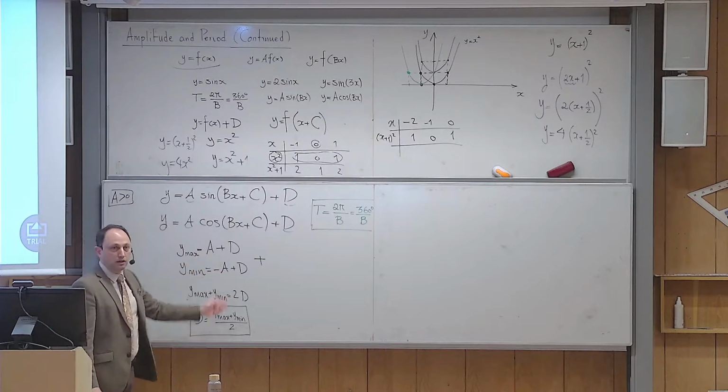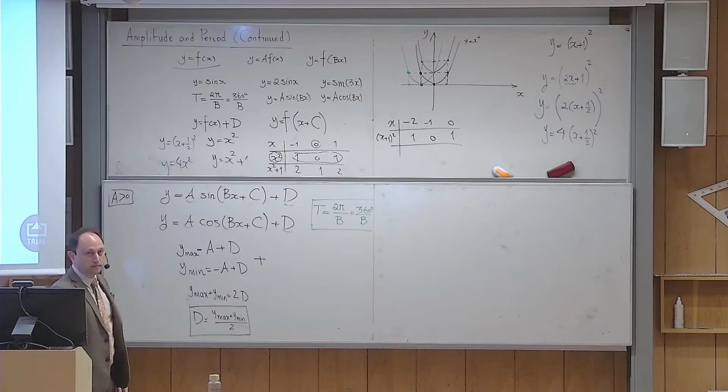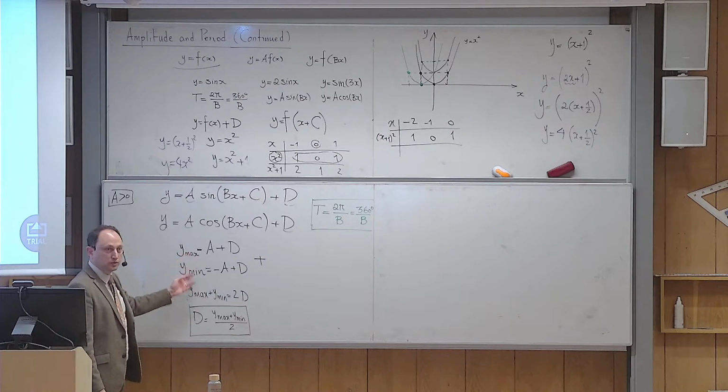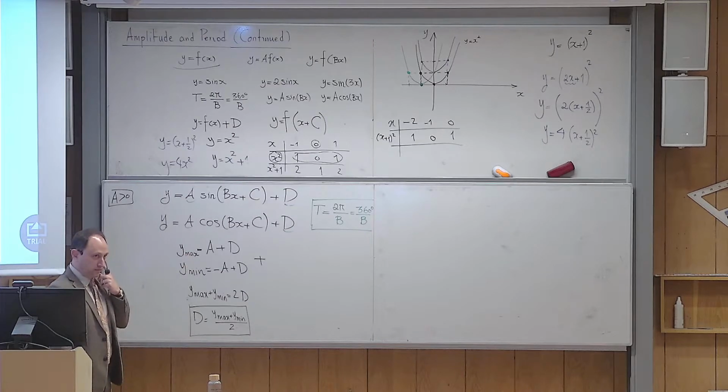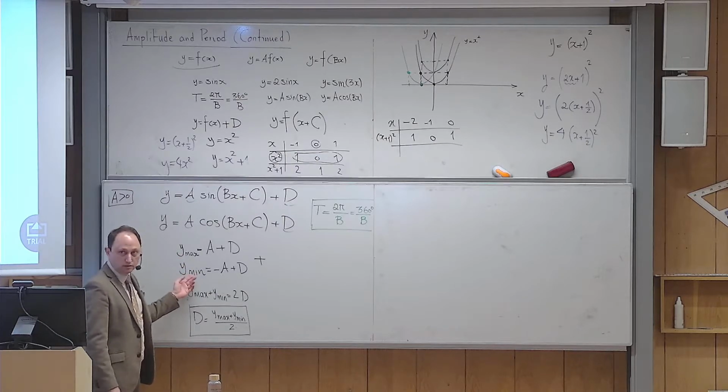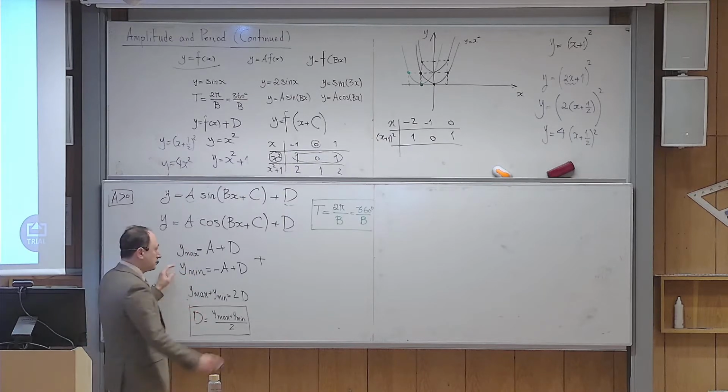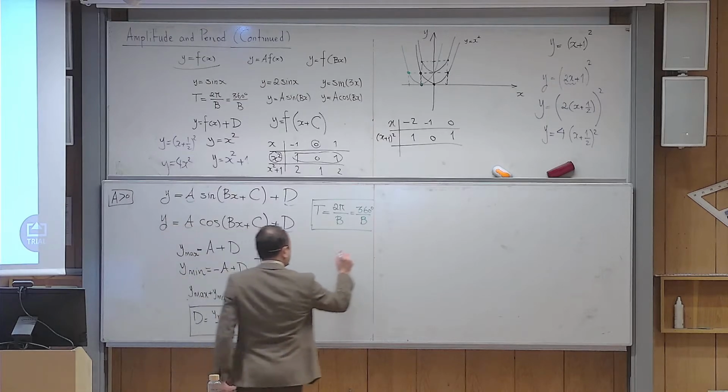How can I find A? Instead of adding them, what do I do this time? Yes, y max minus y min. I subtract them. Because what will happen if I subtract them?